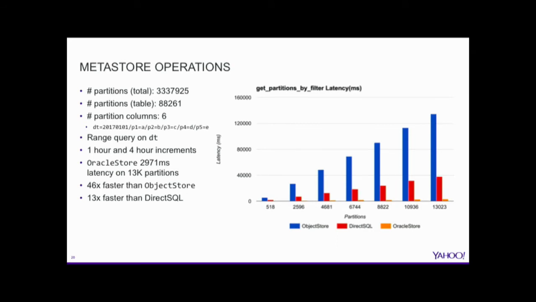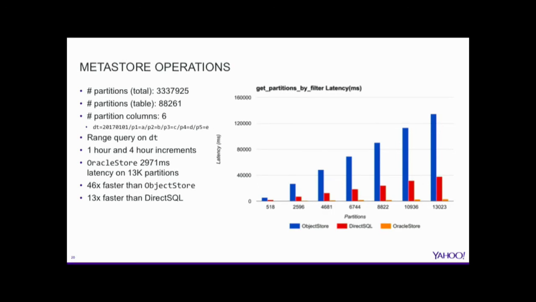We ran a number of range queries on 4-hour increments and got the following results. If you look at the rightmost set of bars, that represents 24 hours worth of data, and the size of the result set is 13,000 partitions that were returned to the client.